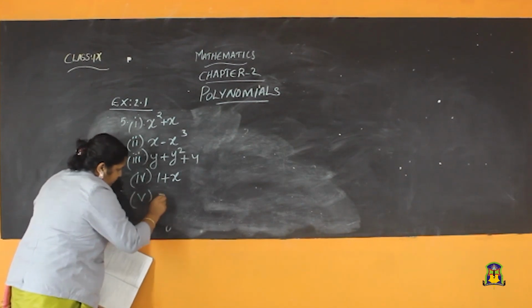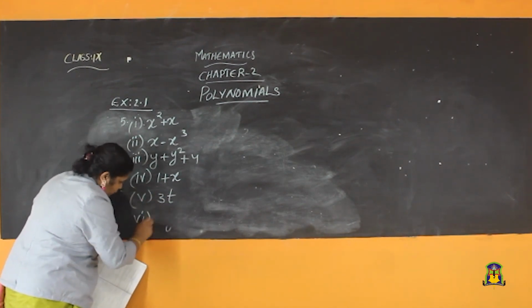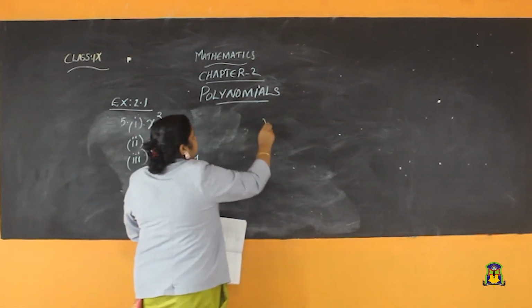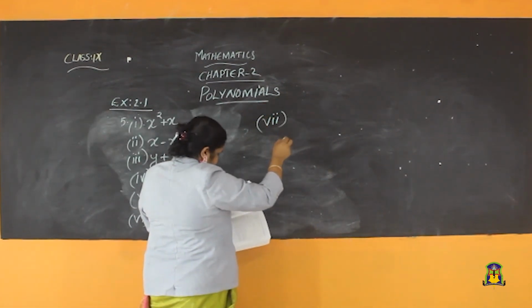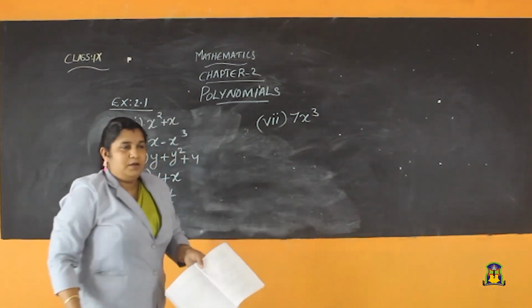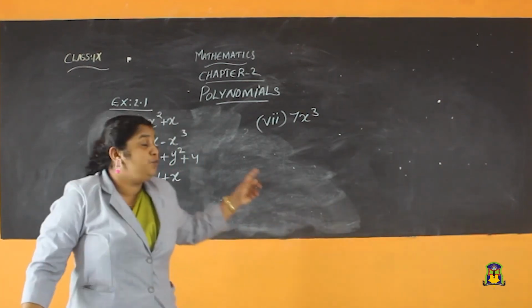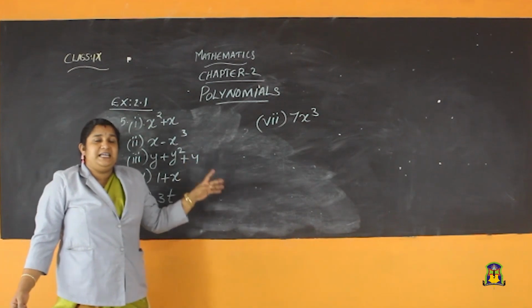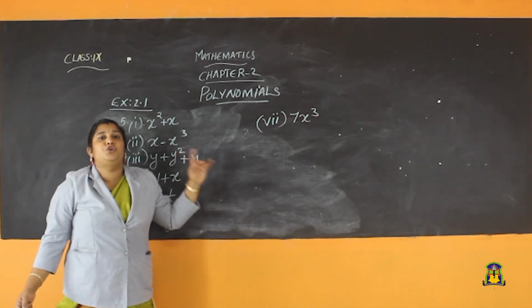Fifth one, 3t. Sixth one, r square. Seventh one, 7x cube. We want to see which one is linear out of this, which one is quadratic and which one is cubic.